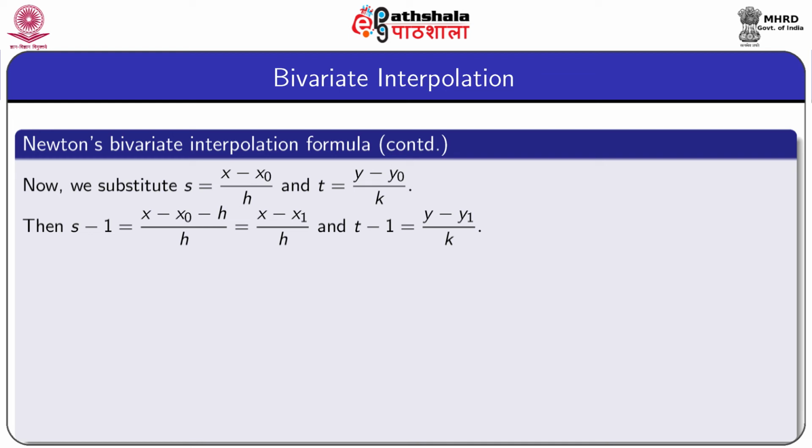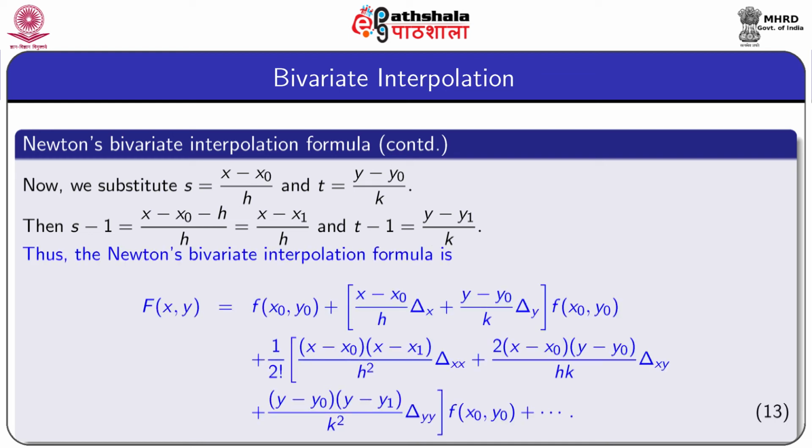So, using this notation, the above expression becomes capital F of x, y equal to f of x0, y0 plus the bracket x minus x0 by h into delta x plus y minus y0 by k into delta y, applied on the function f of x0, y0, plus 1 by factorial 2 times the second order differences. So, expression 13 is the Newton's bivariate interpolation formula.